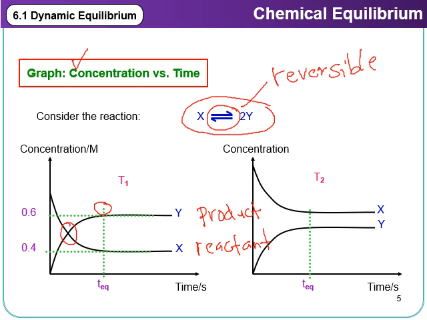But in certain conditions like this, the concentrations of X and Y do not intersect, but we can see that starting from around here, the concentration remains constant. So this is the time equilibrium is achieved. Basically, whether the graph intersects or not depends on the initial concentration.